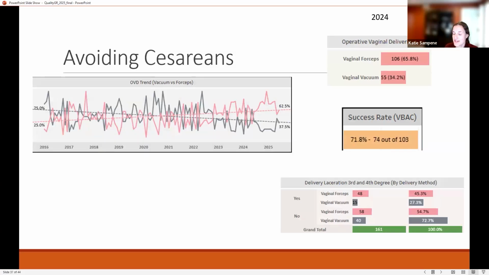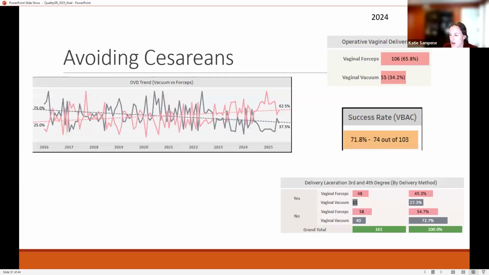When we think about our C-section rate, it begs the question, how can we avoid C-sections? One way can be operative vaginal delivery. On the left, kind of an interesting trend over time, you see that our pink line, the forceps rate, has flipped with the gray line, the vacuum rate.